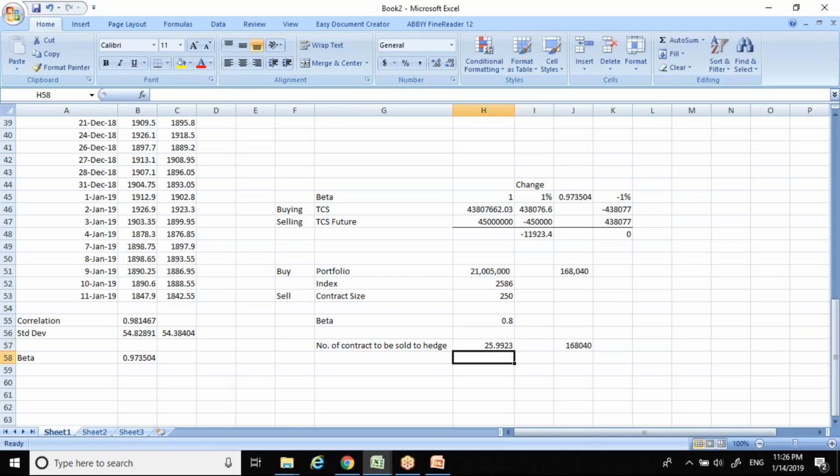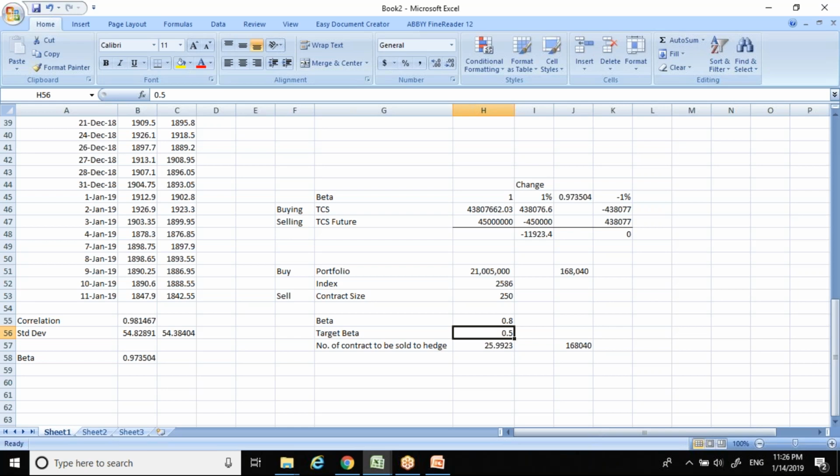But if I actually change it, let's say the target beta I want is like 0.5, then I simply want to hedge my position for only 0.3 risk. So in that situation, 0.5 minus 0.8. So the beta will remain 0.5 and I'll hedge my risk for 0.3 only.